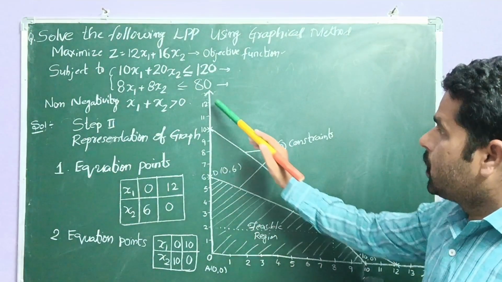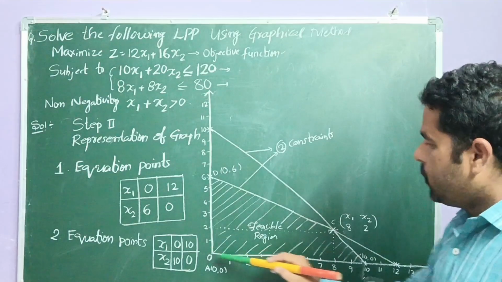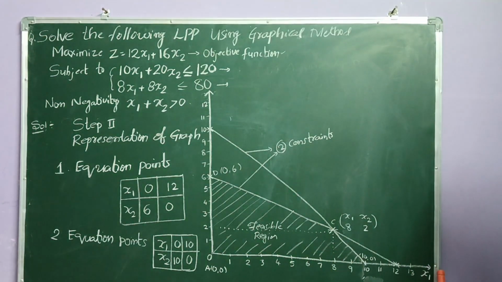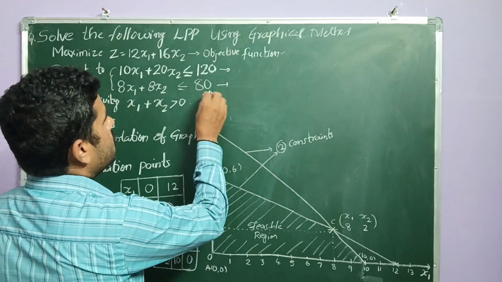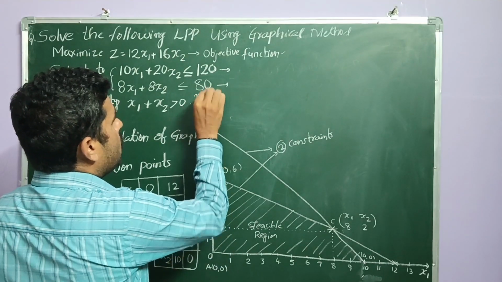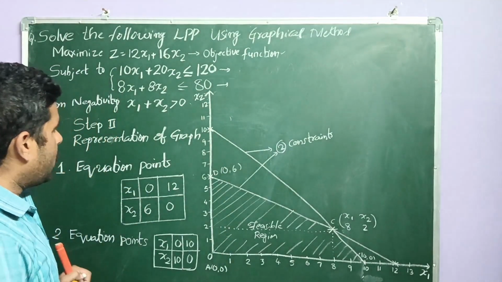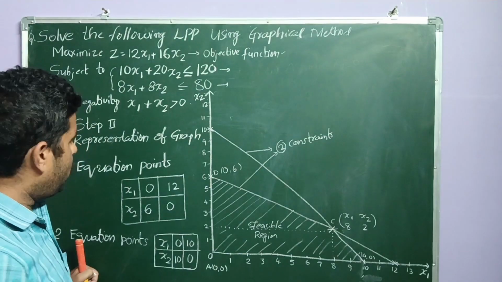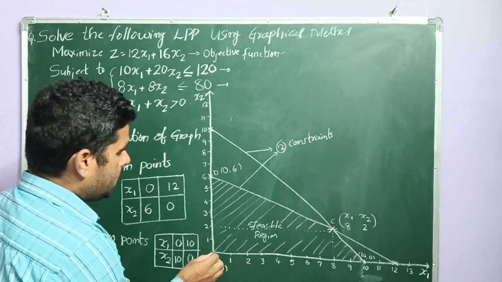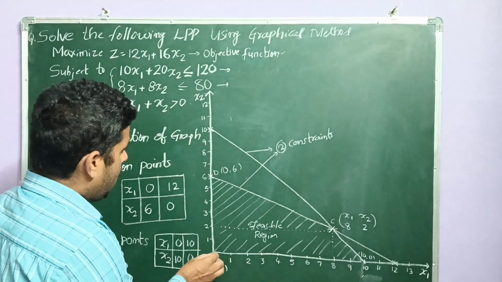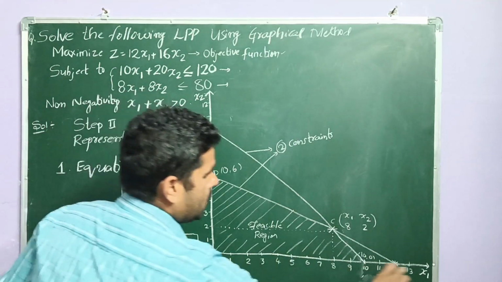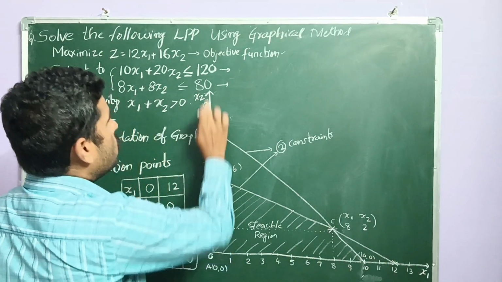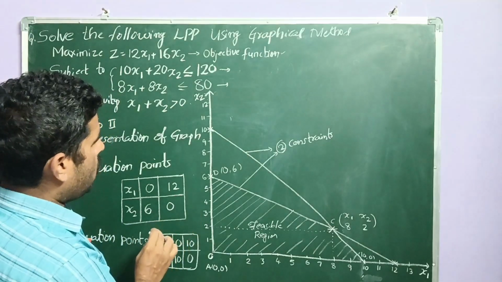These values are called x1 values and these values are called x2 values. First I am writing the equation points. x1 is 0 and x2 is 12.